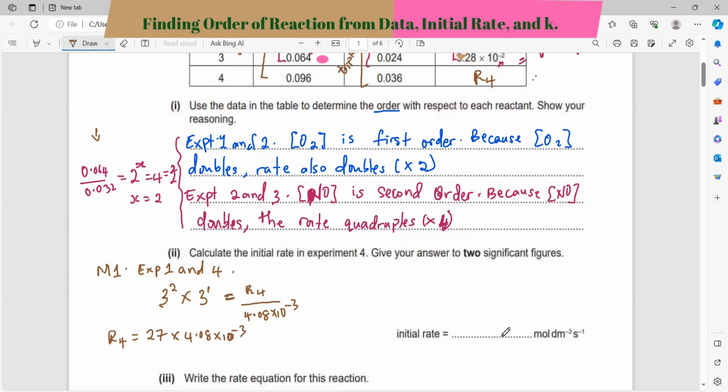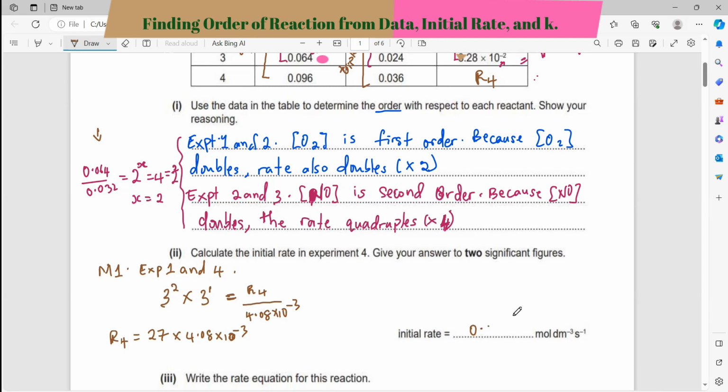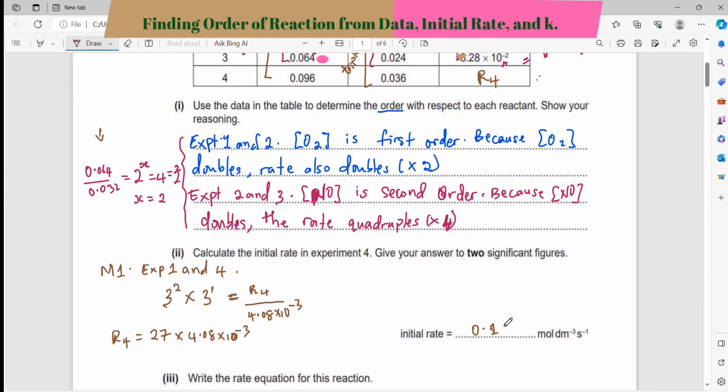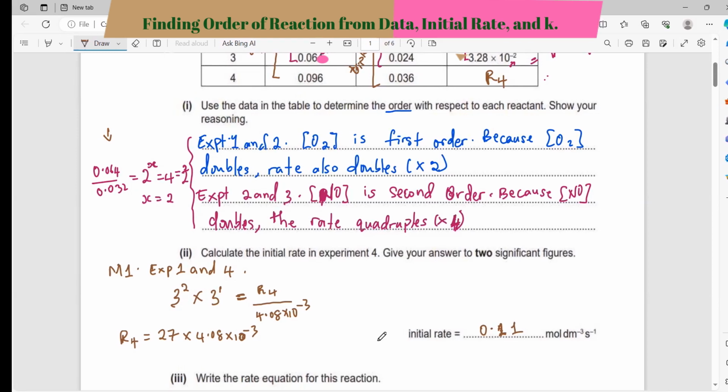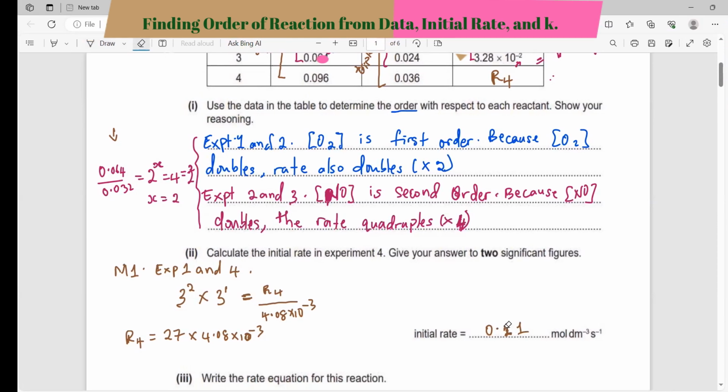And that should give you, I think, if you use a calculator, 0.11. Check, please. 0.11. Okay. 11 is not well written.